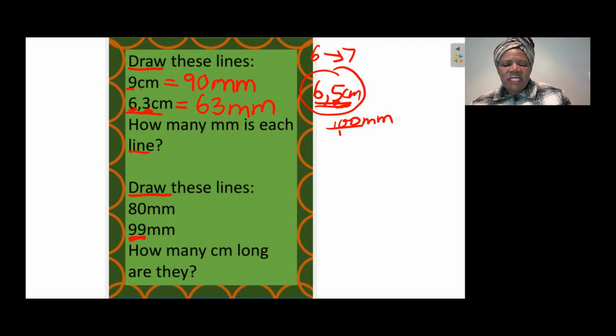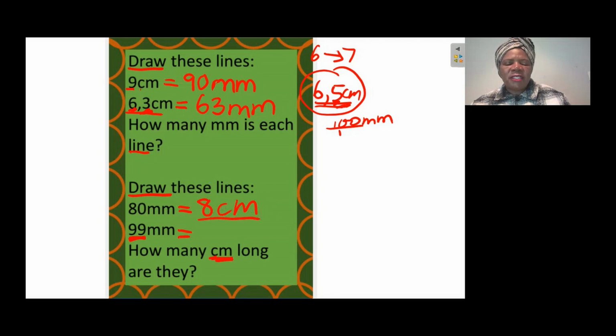The next question is saying, how many centimeters are these lines? Just check, 80 millimeters. Between each centimeter, it's 10 millimeters. So from 0 to 80, how many centimeters do we have?